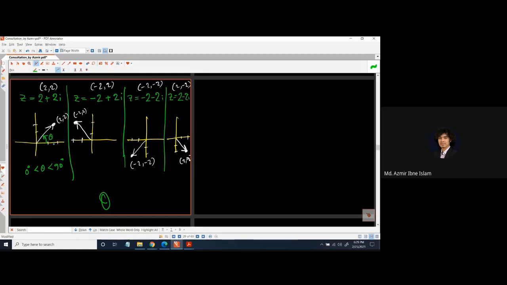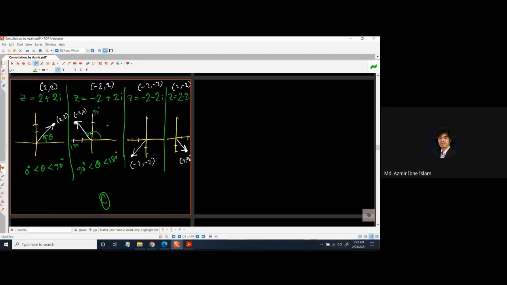Argument is always directed from the positive x-axis to the line. This is the white color line, and we have the positive x-axis here. So for the second point, the argument theta can be between 90 degree and 180 degree. So we are assuming that theta is between 90 degree and 180 degree.